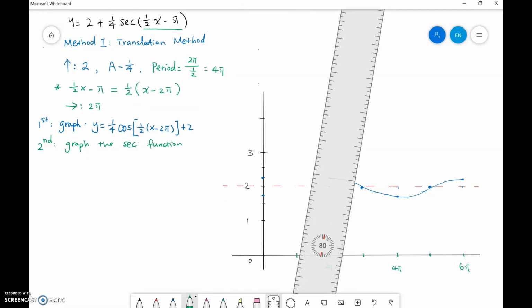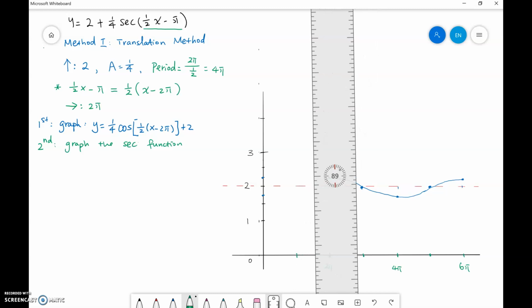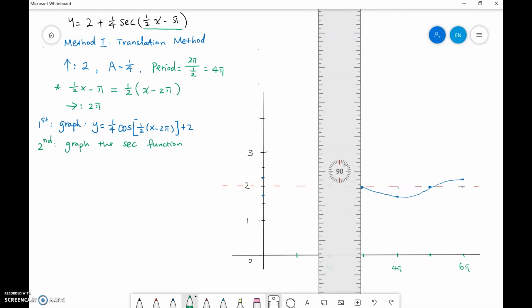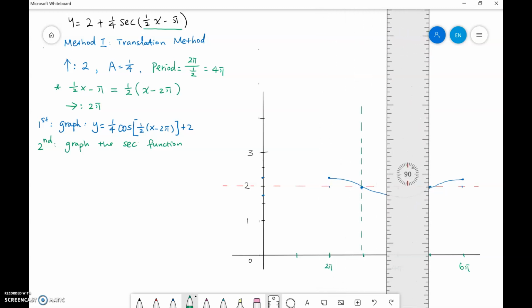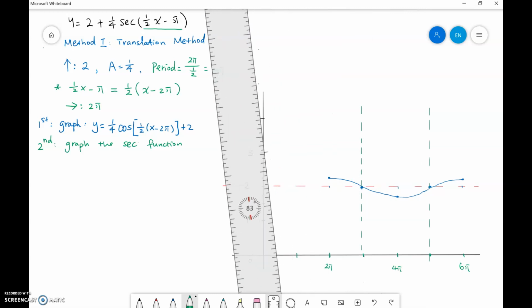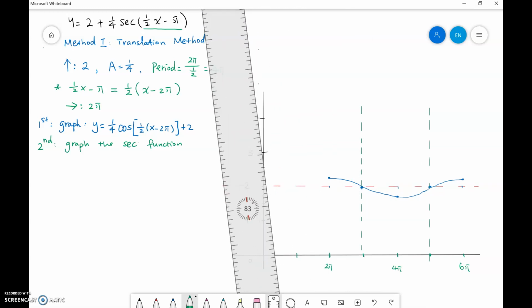So here are my asymptotes. I need a little bit longer. So I'm going to reflect the graph.